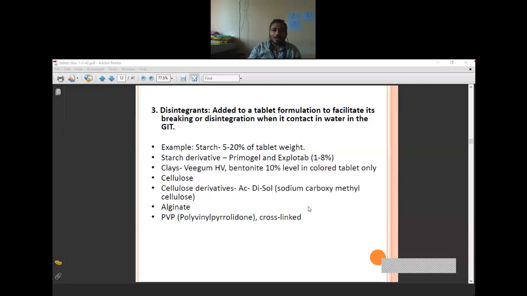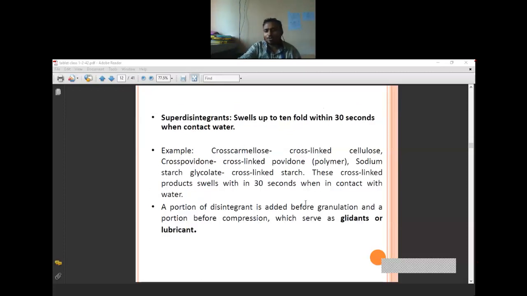Alginates are also used as disintegrating agents. Then polyvinyl pyrrolidone is also a disintegrating agent. Okay, so these are the examples of mainly disintegrating agents. Have you studied all of these things before?